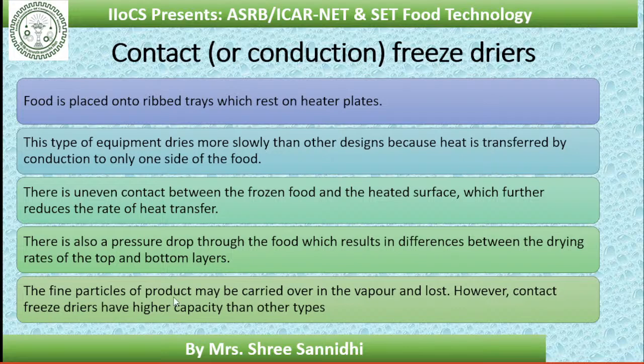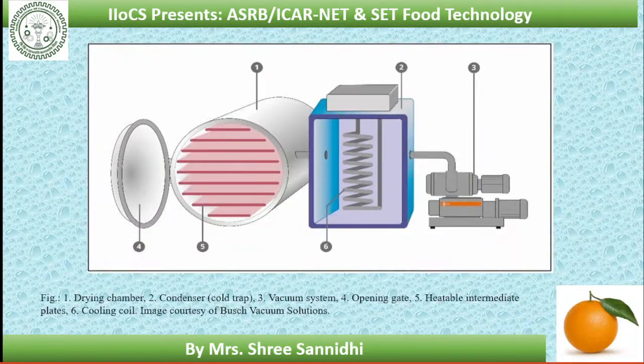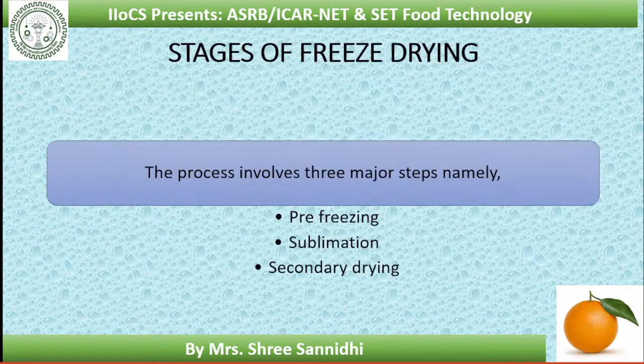The fine particles of product may be carried over in the vapor and lost. However, contact freezers have higher capacity than other types. The previous picture you had seen here is a type of contact freeze dryer.